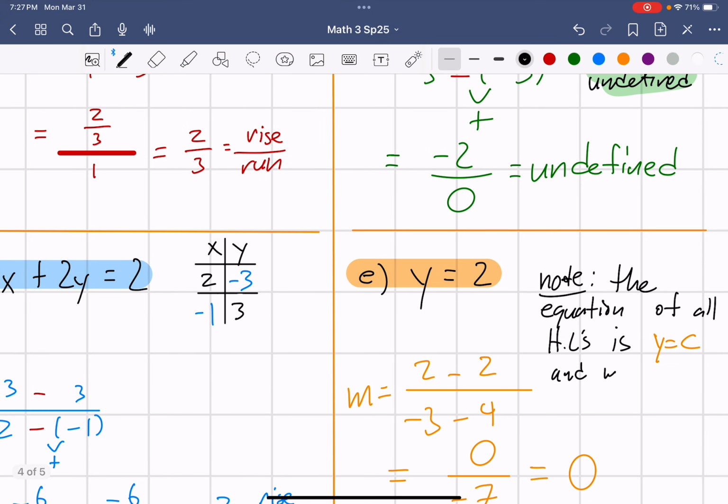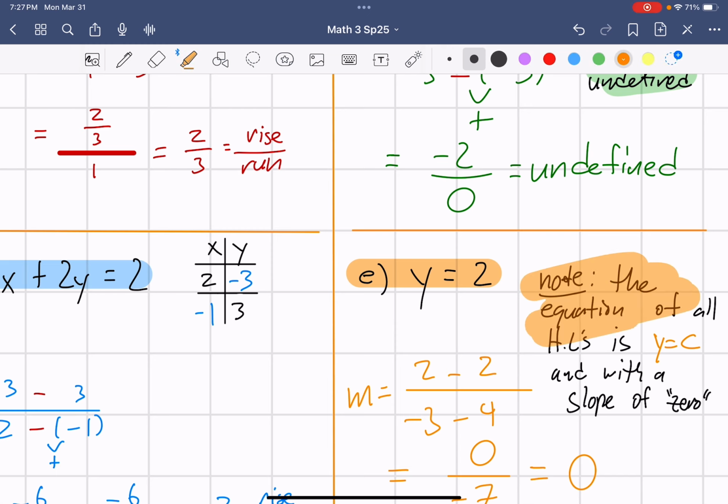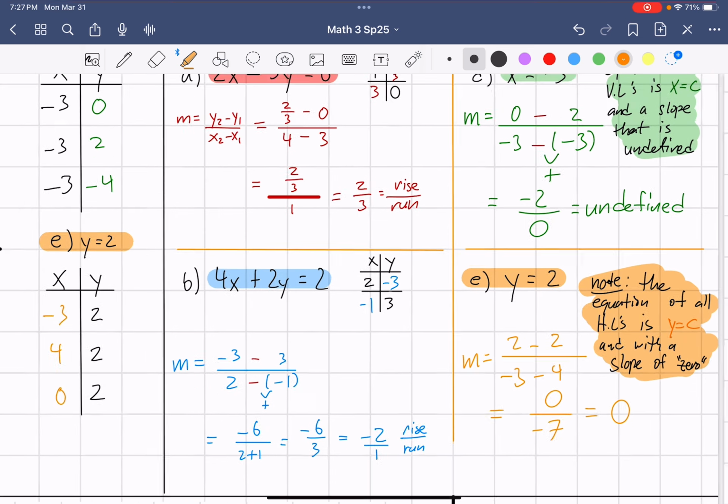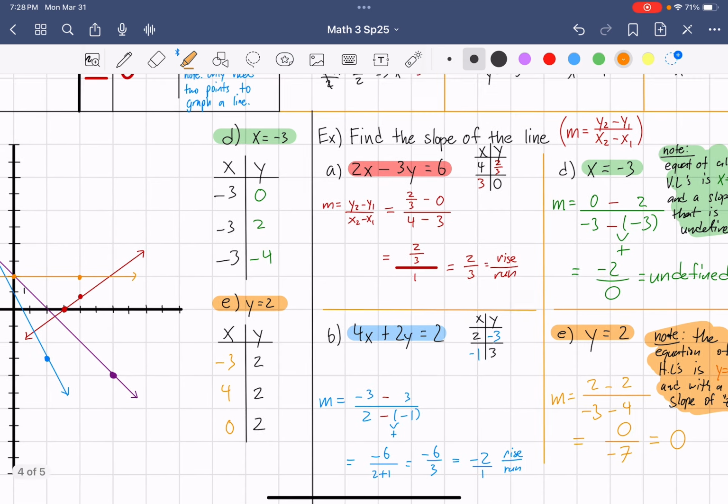And with a slope of 0. That's also going to be important when we look at other equations that are not going to be linear later on.